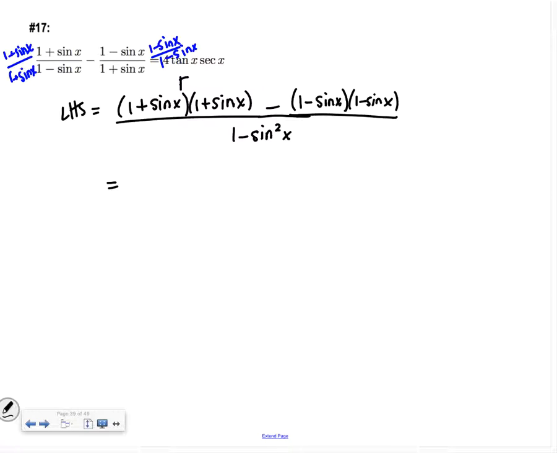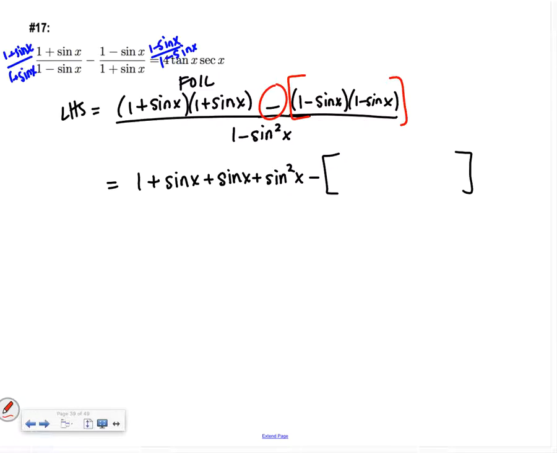So when I FOIL, first, outer, inner, and last, I have 1 plus sine of x plus another sine of x plus sine squared. And then I'm going to have minus, and I'm going to put this in brackets because I want to subtract out all of it, because this minus is going to go to the whole thing here. So I'm going to have 1 minus sine of x minus sine of x plus sine squared.